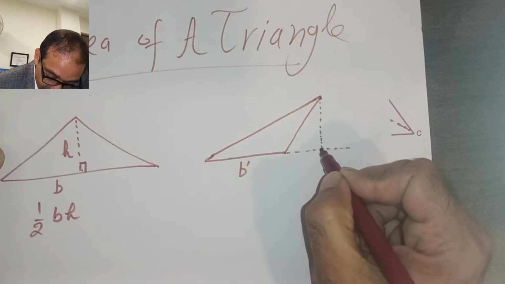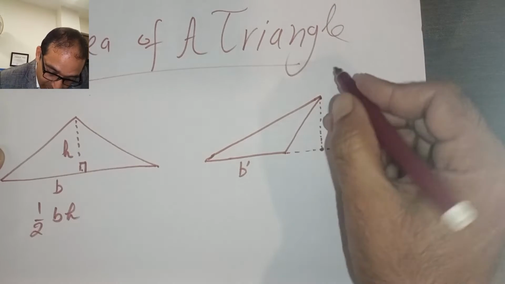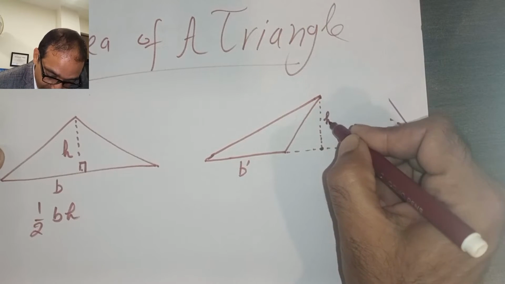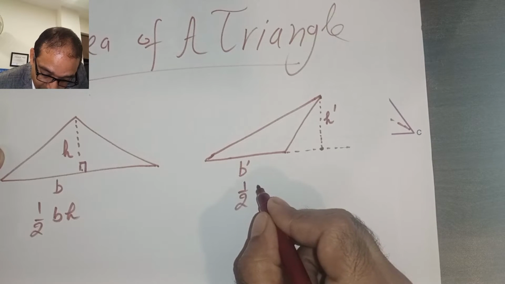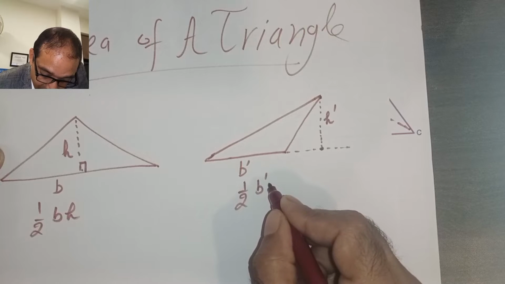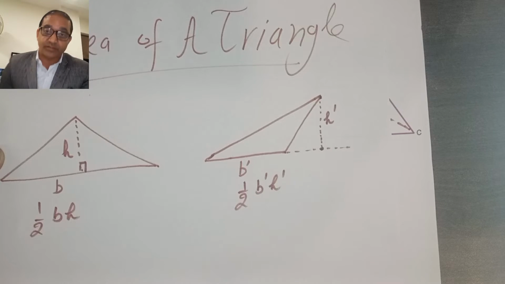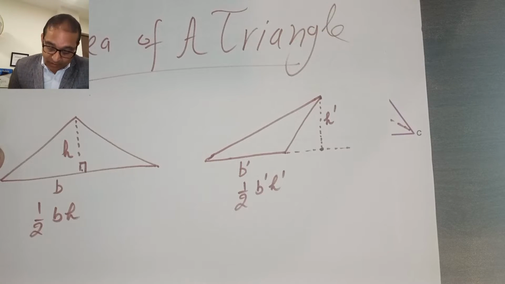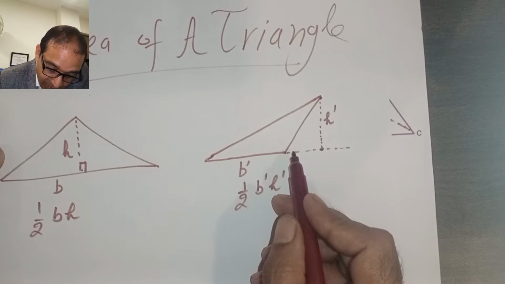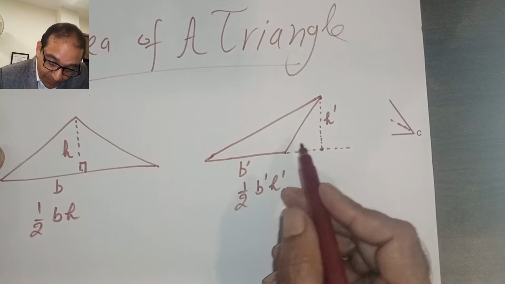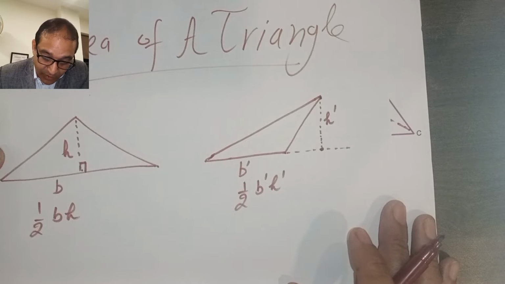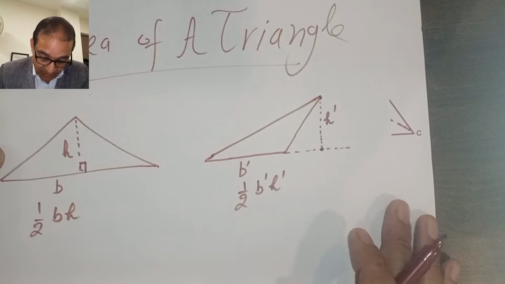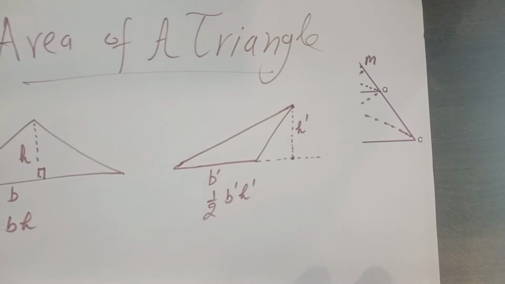Then this will be the foot of the altitude. Suppose this altitude is H dash. Then the area of this triangle will be 1 by 2 into B dash into H dash. So here in this case, the altitude goes outside the triangle. It is exterior. So we can apply this there.